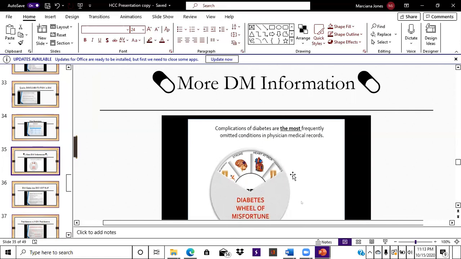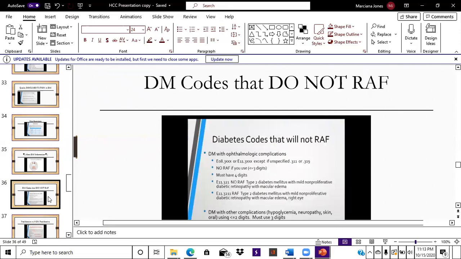Almost every organ system in the body is impacted by diabetes: the kidneys, the eyes, the heart, the feet, like diabetic foot ulcers. The complications need to be documented. They're important.